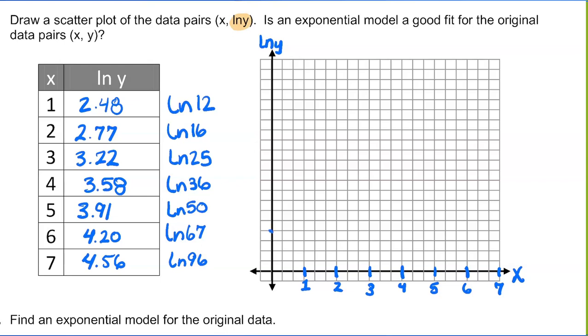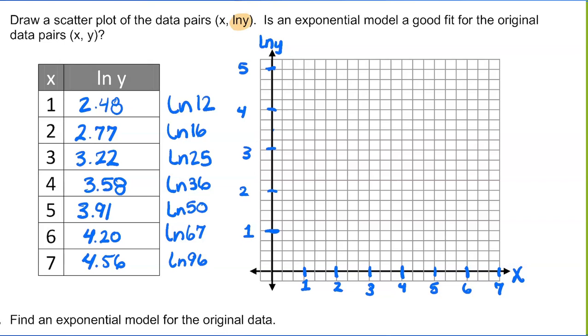So if you skip 4 boxes here, this is 1, 1.25, 1.5, 1.75, 2, 2.25, 2.5, 2.75, 3, 3.25, 3.5, 3.75, 4, 4.25, 4.5, 4.75, 5. So that's my personal favorite to count by. It's generally pretty easy, gives us a good spread, and we can fit it.